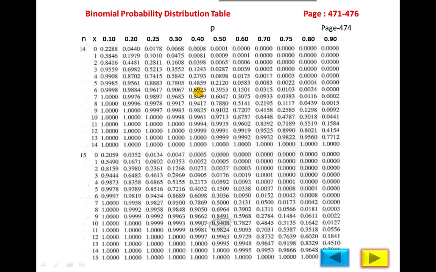This is the value of p. According to this question we will select this column. P is 0.4. All the values are given here. This is the value for x equal to 0. If n is 15, p is 0.4, the probability is 0.0005. This is the area of the probability.